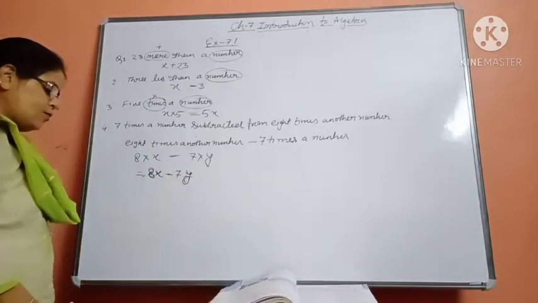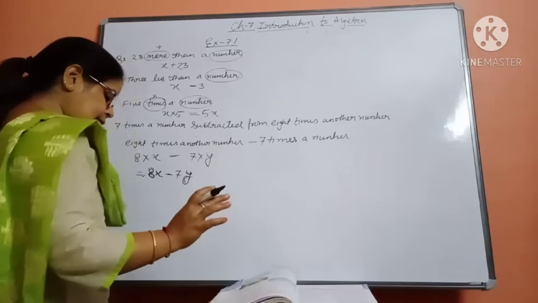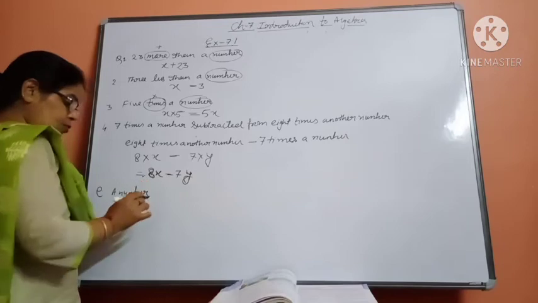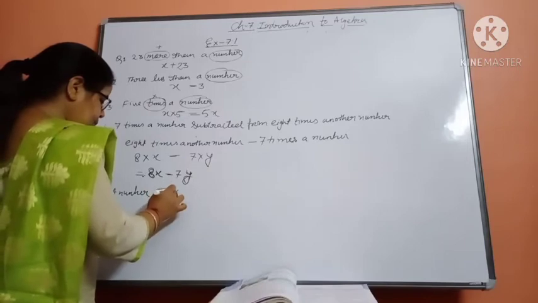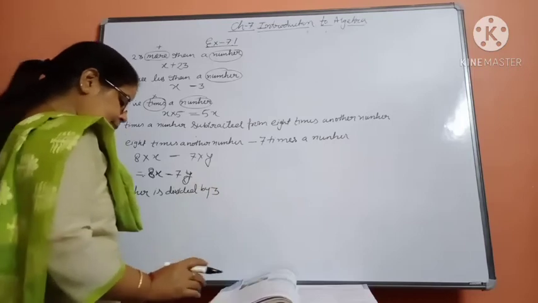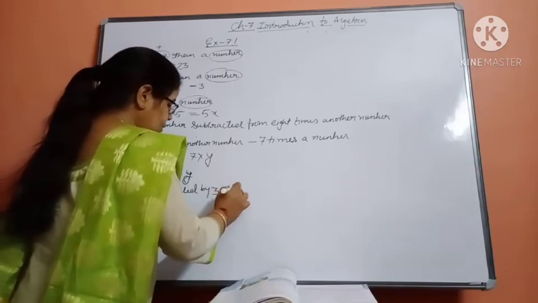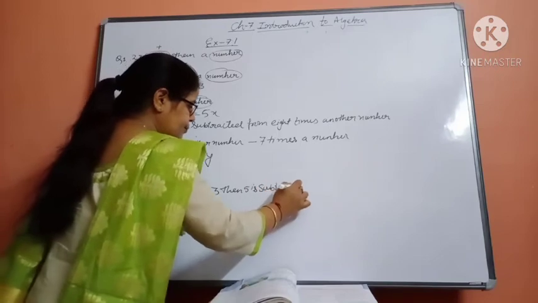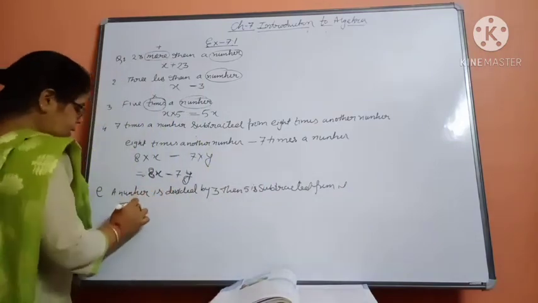Again see that one more question, that is part E. A number is divided by 3, then 5 is subtracted from it. Now I am not writing the question, you can see it from your book. How will you write it? A number divided means upon; a number is divided by 3.